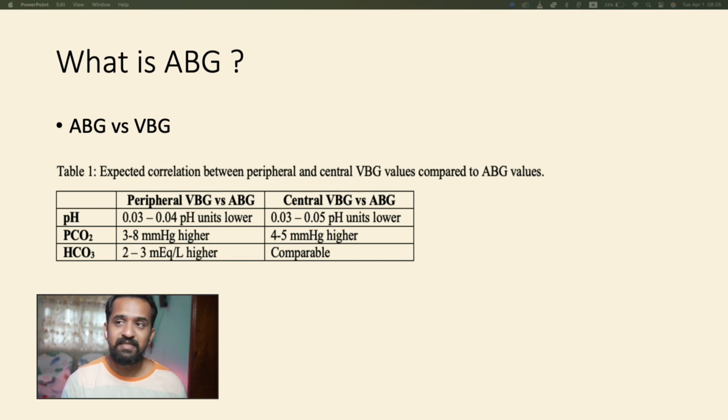But if the case is, let's say, DKA or sepsis, where I want to know the bicarb, how severe my metabolic acidosis is, and I want to see the lactate, that's when I'm going to do the VBG and not ABG, okay? Because remember, ABG is very painful and you don't want to hurt your patients unnecessarily.